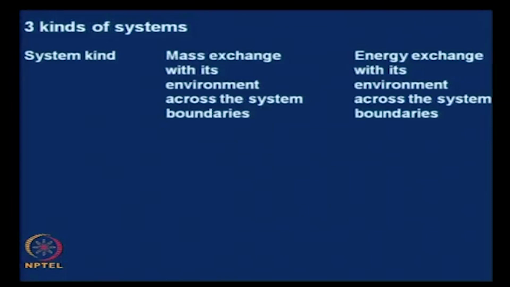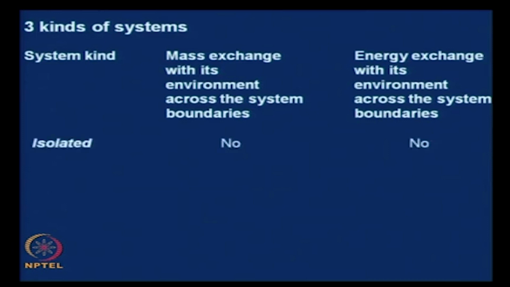We also learnt that there are three kinds of systems depending on whether there is mass exchange between the system and its surroundings across the system boundaries. That across the system boundaries is very important, please make a note of that. And whether there is energy exchange between the system and its surroundings across the system boundaries.